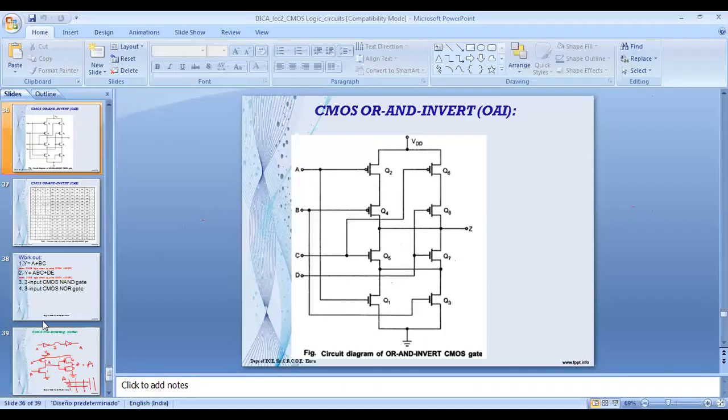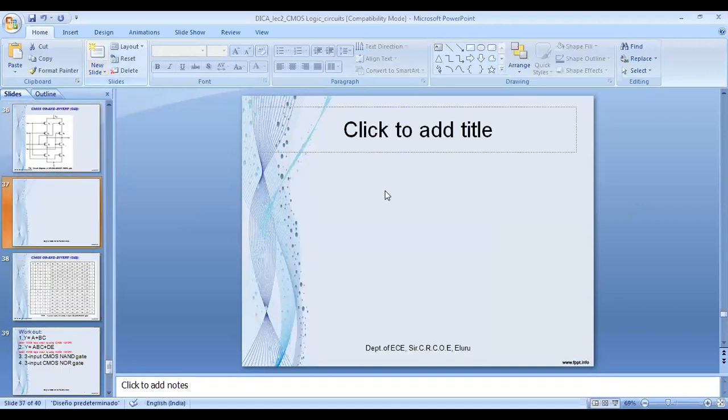So let's draw the circuit diagram for that. The logic expression is Z equal to A plus B. Since basically it is a NOR operation, what does a NOR operation mean?